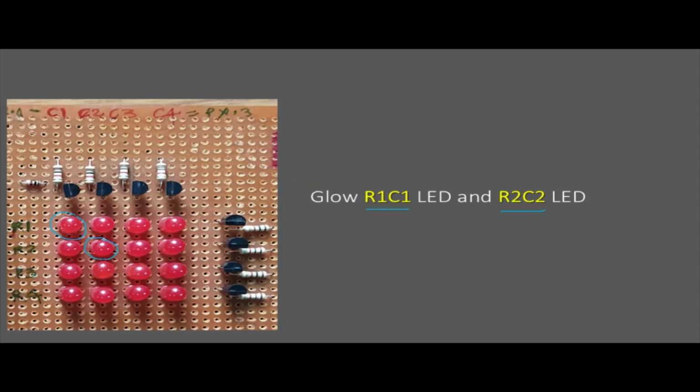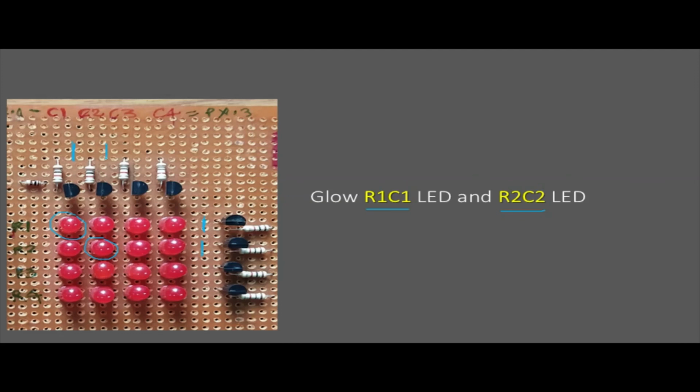When these 2 LEDs are to be turned on, as this LED corresponds to row 1, I will send 1 to row 1, and as this belongs to column 1, I will send logic 1 to column 1. Similarly, the second LED belongs to row 2, so I will send 1 to row 2, and it belongs to column 2, so I will send 1 to the column 2 transistor.